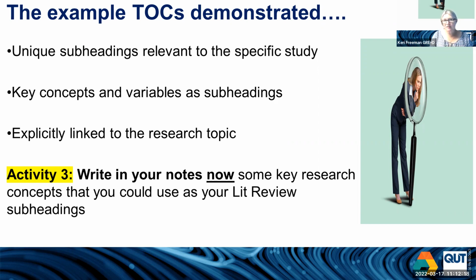You might give some stats about the world and how this particular health issue is worldwide, and there are so many people who have these problems, because you're justifying your topic. So that would be an example of starting broad, starting with the world, and then narrowing down to your research setting, whether it's Australia or Queensland or Brisbane or whatever it might be. It would make no sense to start at the small and go to the broad afterwards. So think about going broad to narrow.